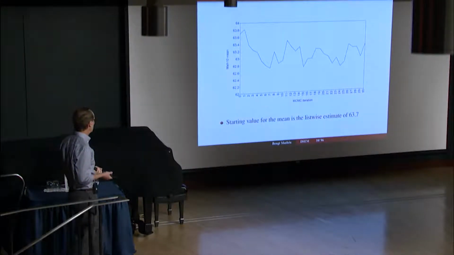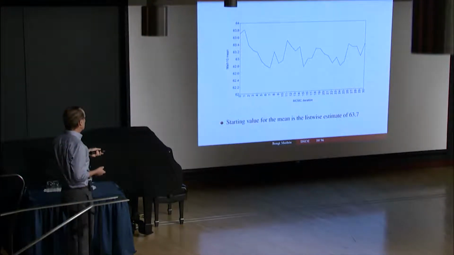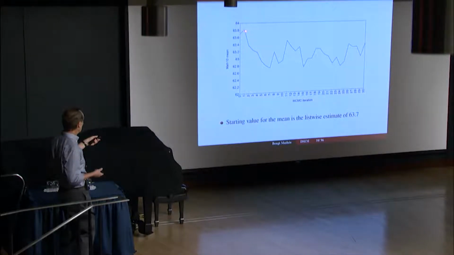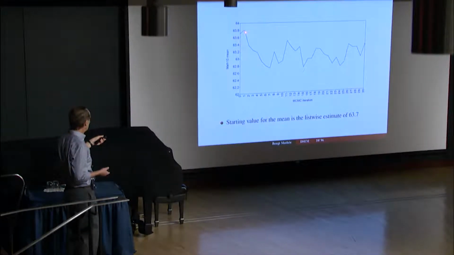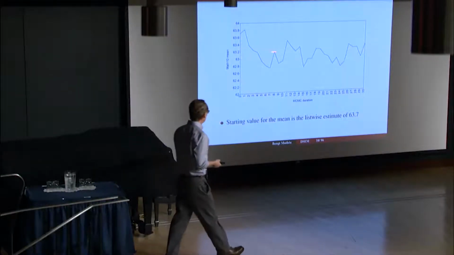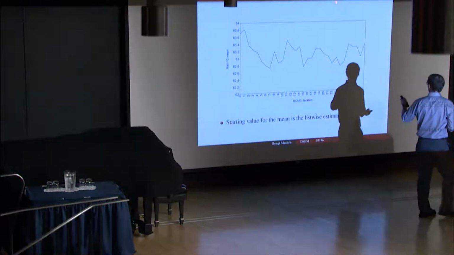So we start at, say, a listwise estimate of the mean, 63.7, and then we take a random draw from this distribution, conditional on other unknown things, and it goes up a little bit, and then in the next iteration it goes down and down, and then up, down. And you see that it starts to come towards a stable level here, but you have jumps up and down.